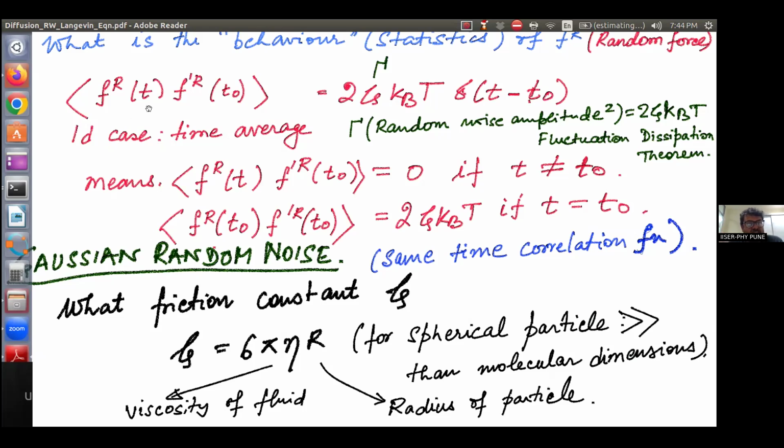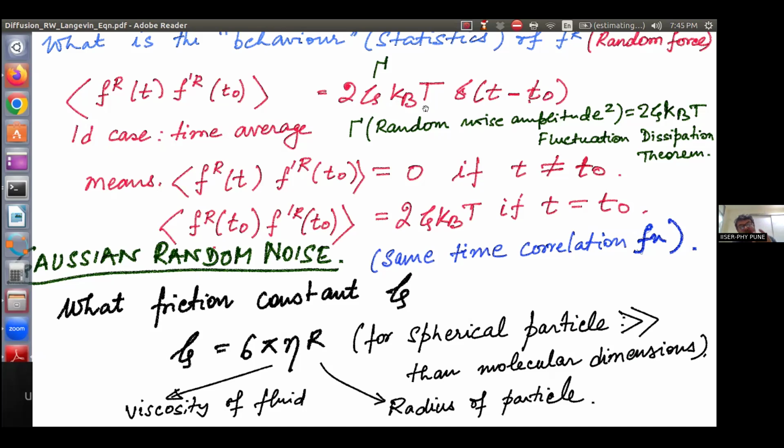Because if you take it at 10 to the minus 11 seconds, the noise might be correlated. It is only valid when it has lost the memory, after multiple billions of rounds of collisions. So if you take the product, it can be written as some constant, and that constant later turns out to be 2 zeta k_B T. Zeta is that frictional force constant.